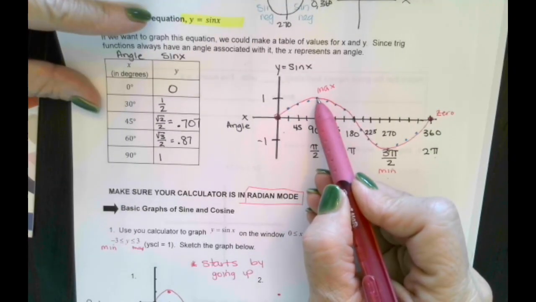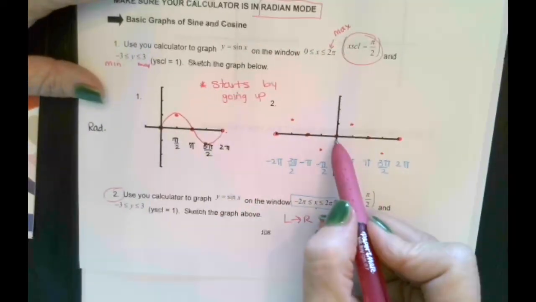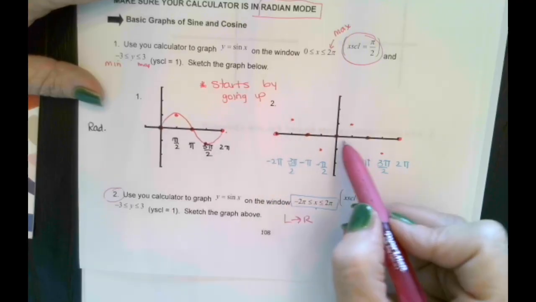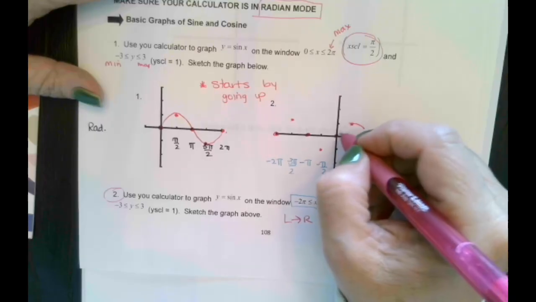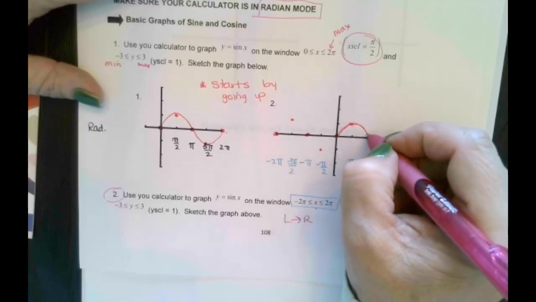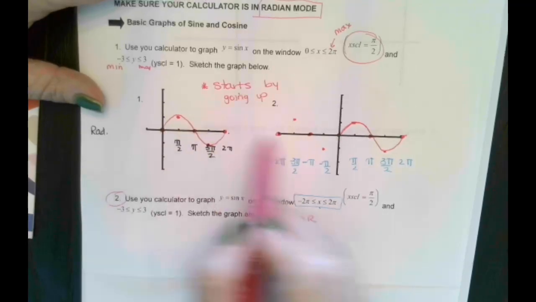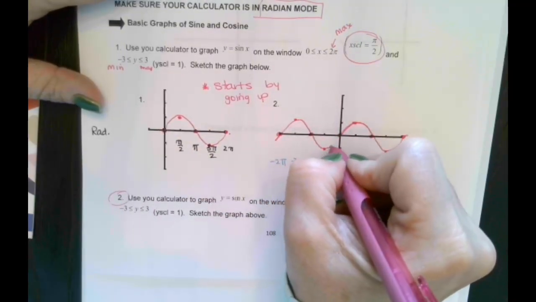It was a maximum, so I went up, and then after my 0, I went down. So even though I'm not starting at 0, I'm starting at negative 2 pi, I went up first. But you see what happens when I get over here and draw this part of my curve, I see that it models what I had over here, even though technically I need to start at this point.